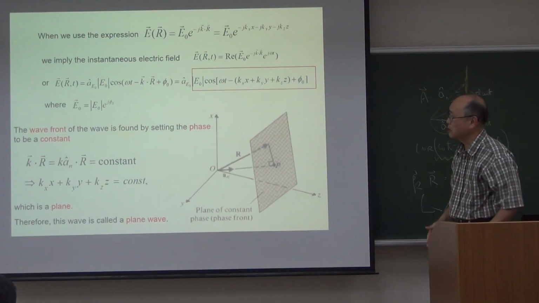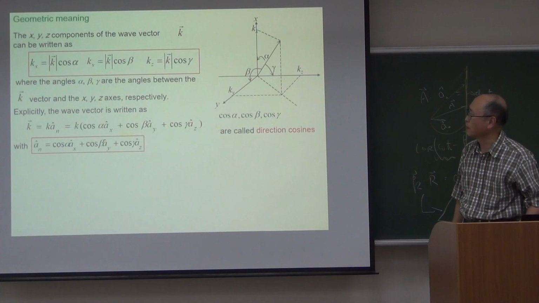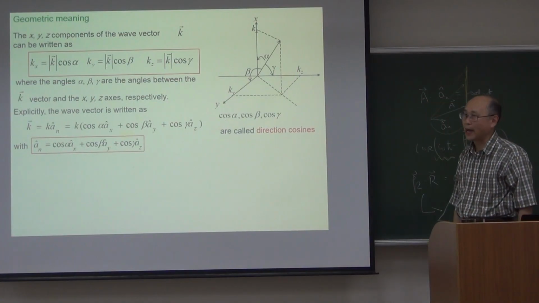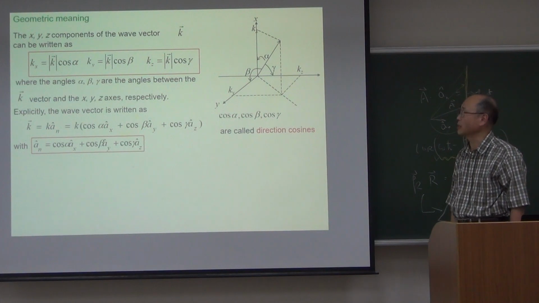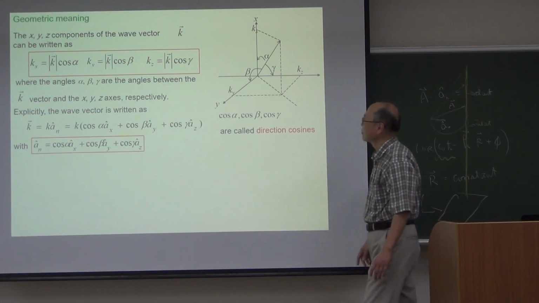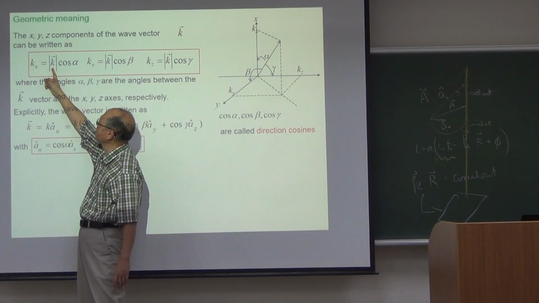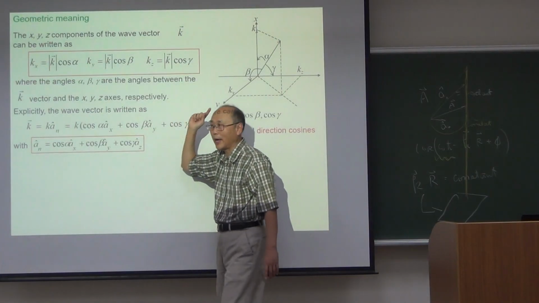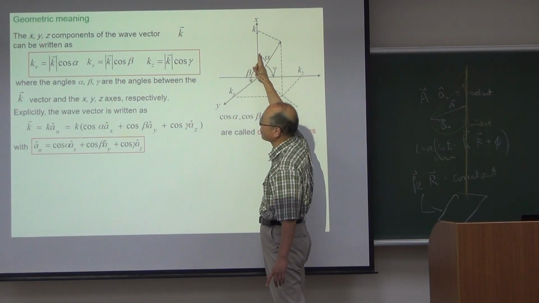Alright. So now you know how to construct the wavefront, and geometrically, in fact, you can define so-called direction cosines. If you write down k, and you project k along the x direction, you have k_x.